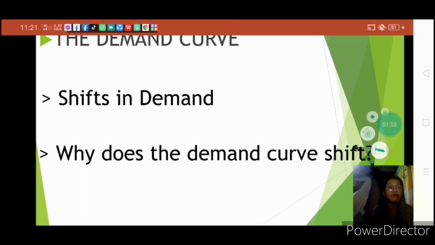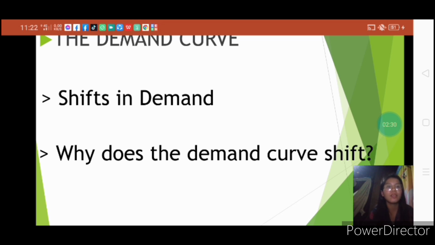The demand shifts because of factors that can shift the demand curve for goods and services, causing a different quantity to be demanded at any given price. And this includes changes in tastes, population, income, and prices of substitute or complement goods. So that is the shift in the demand.